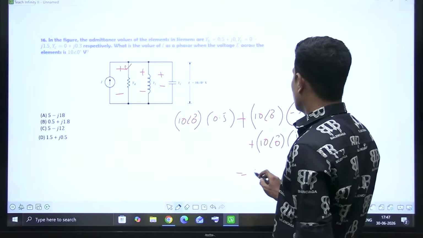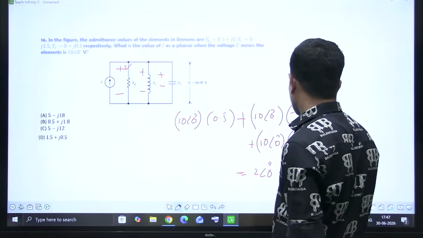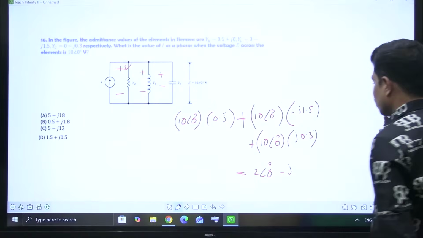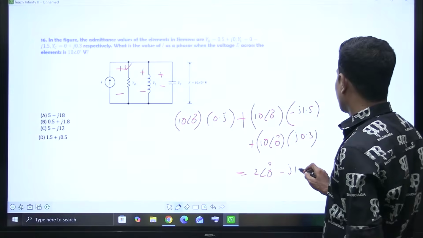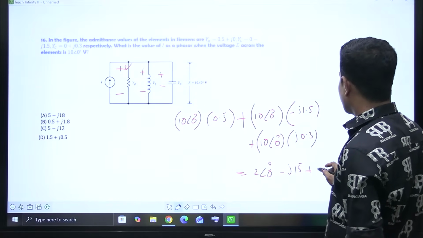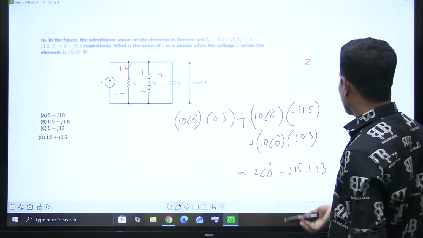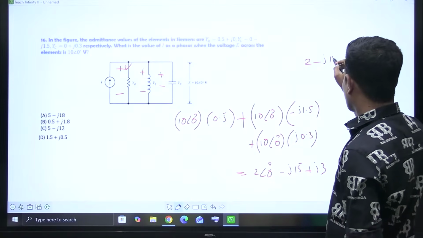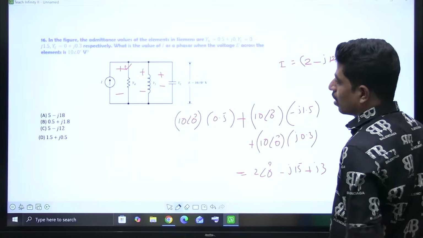Minus J means minus 90, plus J means plus 90. How much is it? 5 minus J 15 plus J 3. Now 2 means 2 at an angle 0, minus J 12. Yes, minus J 12 is the total current.